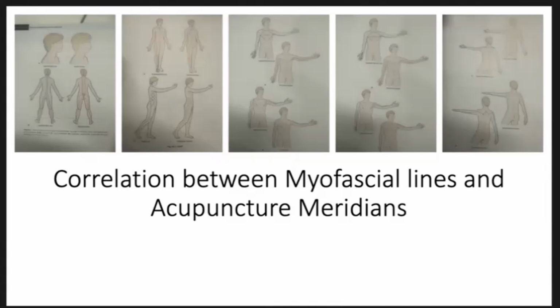So we've got the superficial back line, which is part of the calf connected to the hamstring, connected to the back and the head. And then we've got the bladder meridian, which runs past all these points here. Then we've got the gallbladder meridian. Personally, the bladder meridian and the gallbladder meridian are acupuncture points I use quite a lot, and we can see that it's so connected with the lateral line.